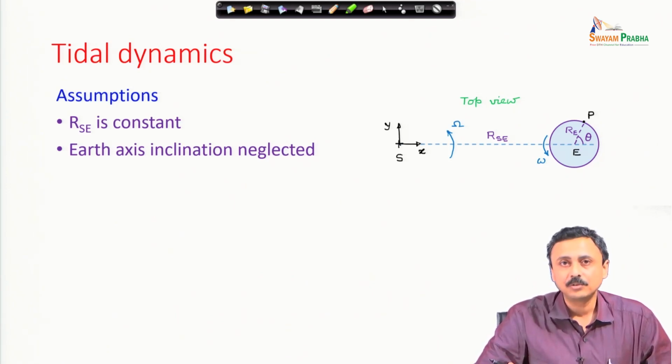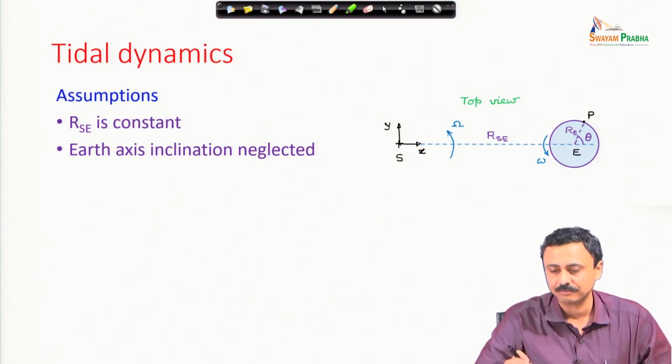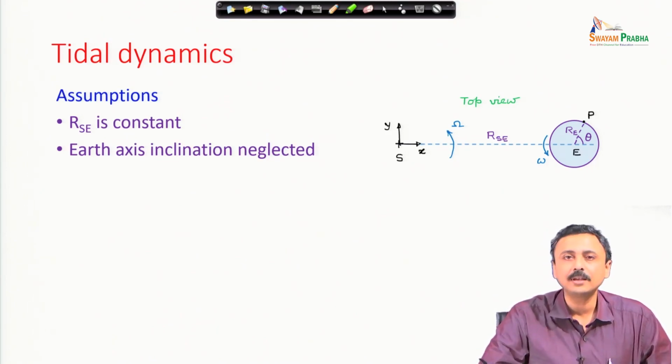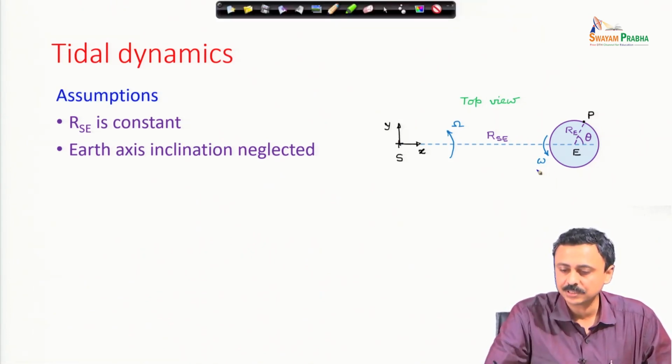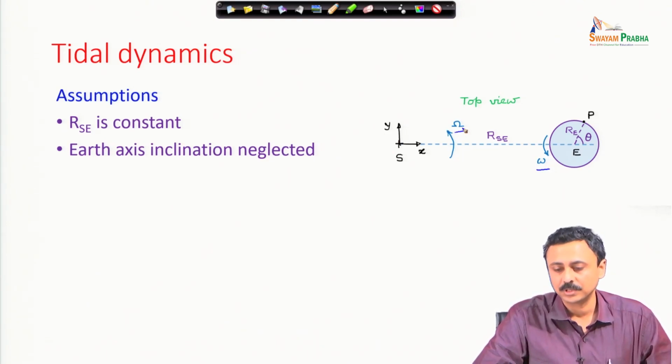This circle is the equatorial circle. Remember, we are looking from the top and there is no inclination, therefore, this circle is roughly the equatorial circle. And earth is spinning about its own axis. This small omega represents the spin of the earth, this capital omega represents the rotation of the earth around the sun.